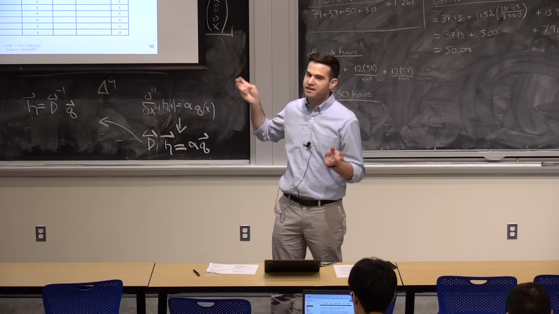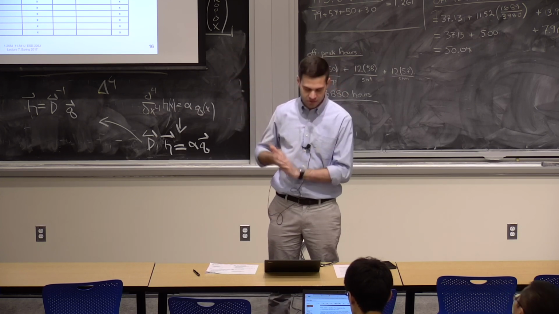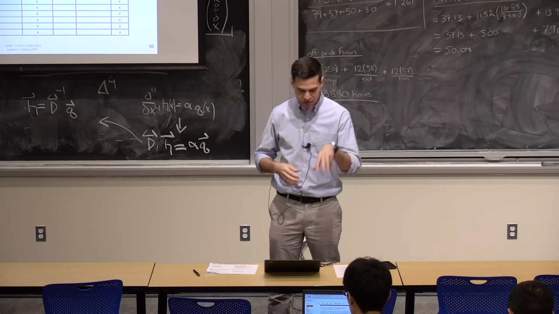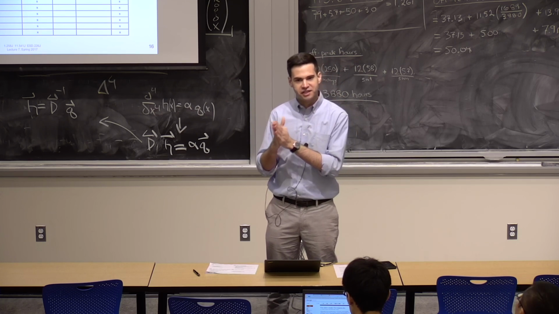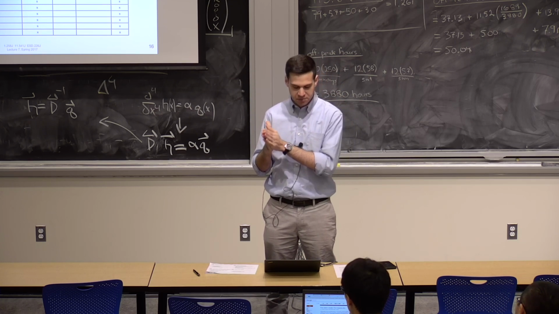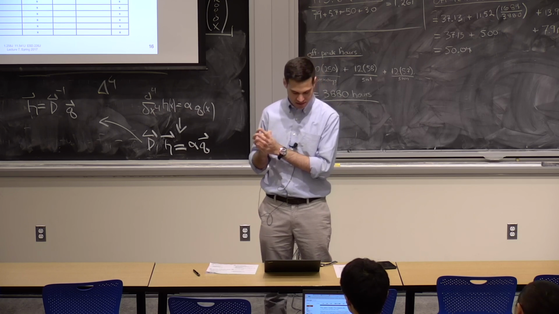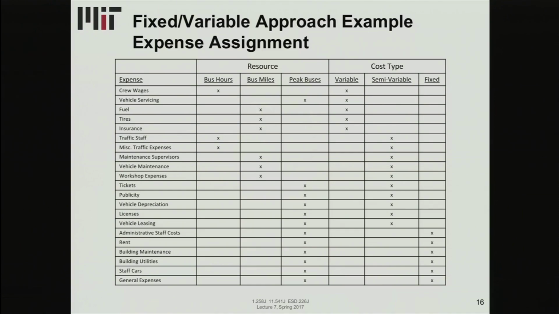And we have to assign everything to one of these 3. So of those 3, peak buses is something that most closely relates to how large your agency is, right? Much more so than bus hours or bus miles. And if you had other variables, then maybe those would be even closer to agency size. But in this example, we only have these 3.